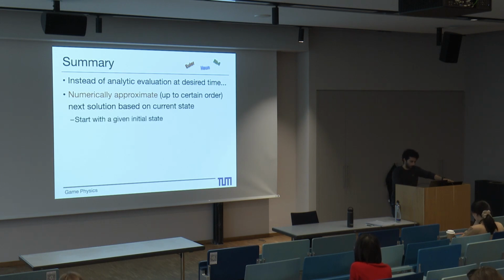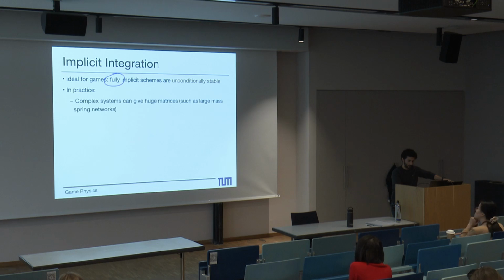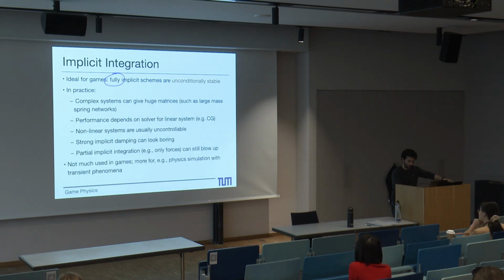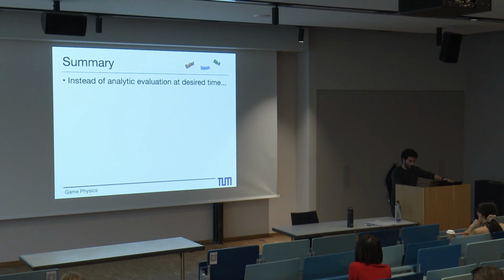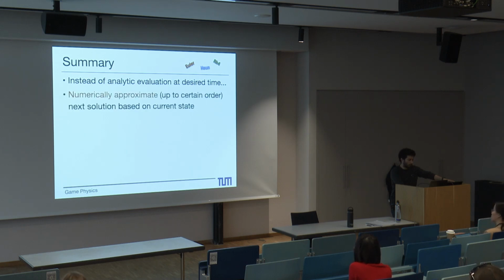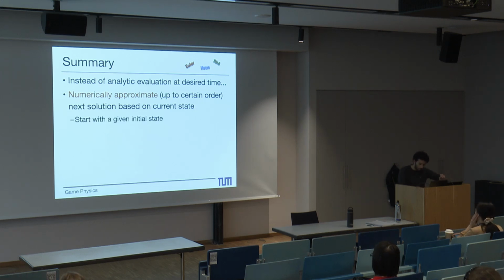The numerical scheme gives us a certain accuracy that we can choose depending on the requirements of our solution, and usually the next solution is based on the current state that we have, which we can obtain in an autoregressive way from previous solutions and stepping over time. So given an initial state, we step forward in time and typically display the results.